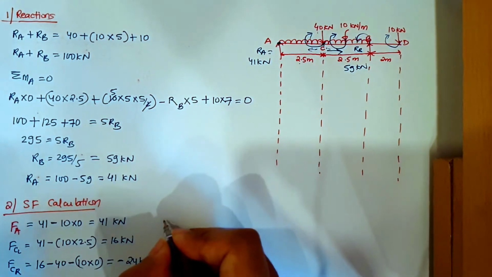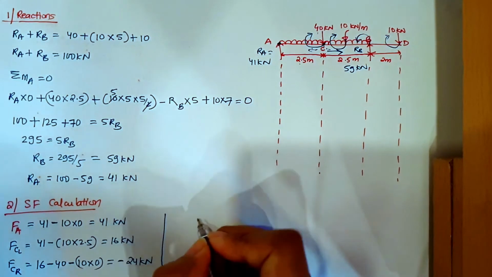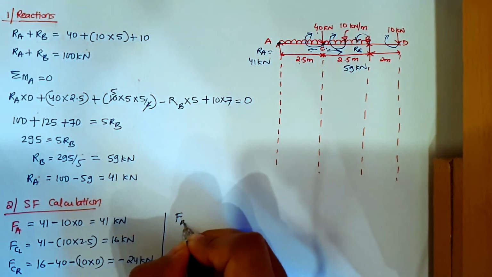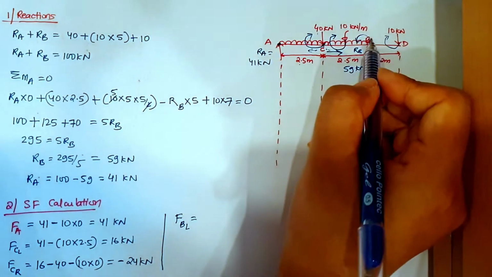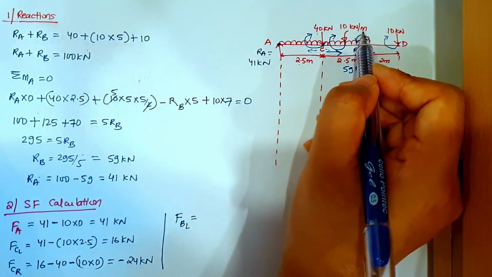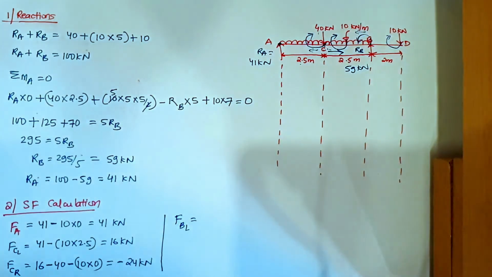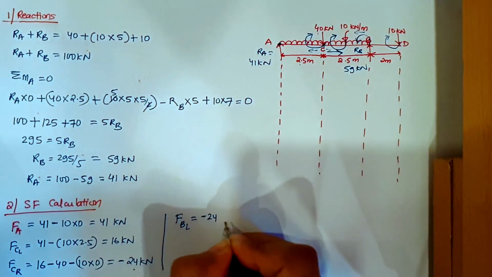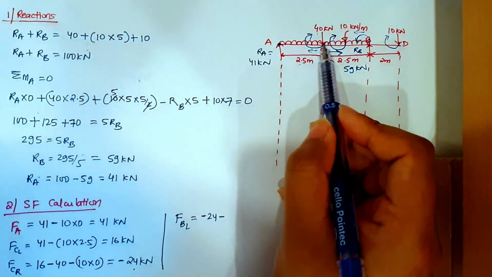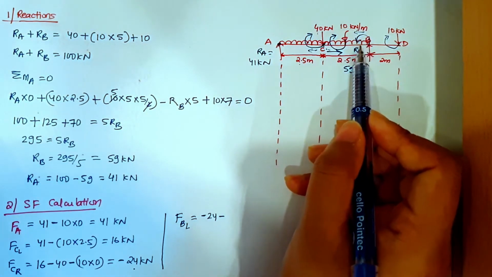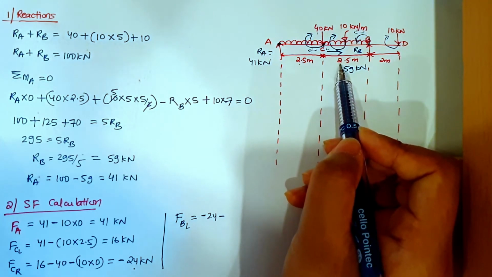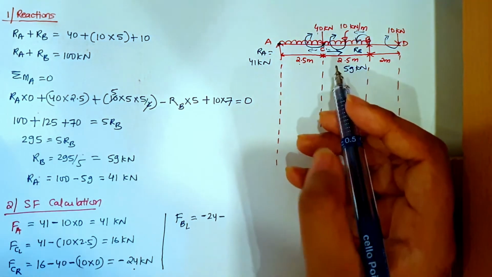Okay, now let's find the force at B on the left-hand side of B. Now we will find it on this side, the left-hand side of point B, so it will be the last force. How much did we get? Minus 24, so minus 24 minus, now between B and C the UDL has run, and the UDL from C to B has traveled a distance of 2.5 meters.